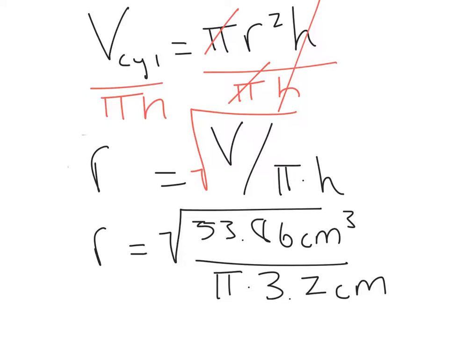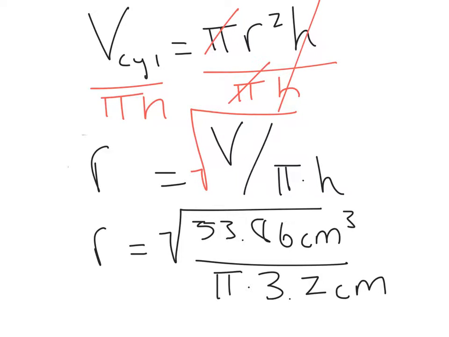So when I plug this into my calculator, 53.86 divided by pi divided by 3.2, take just a moment and plug this in. That's going to give me a value for my radius r of 2.31 centimeters.